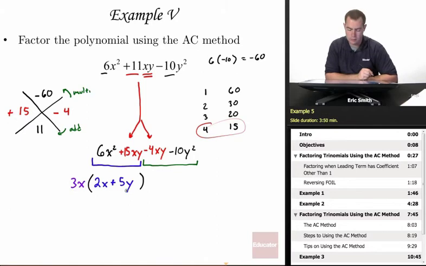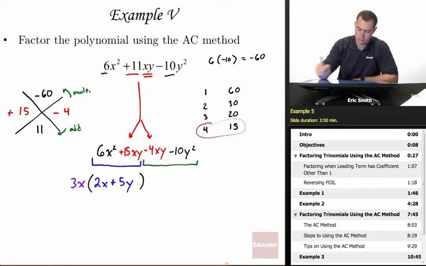Okay, looking at the next two terms, they have a minus 2y in common. What would that leave? So a positive 2x plus 5y.